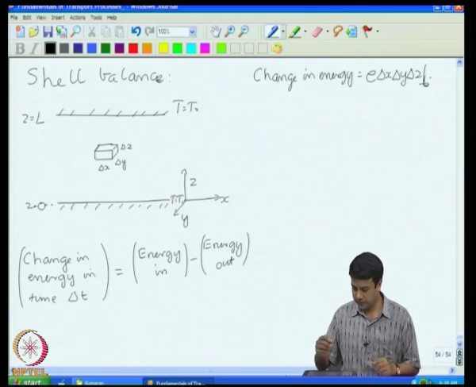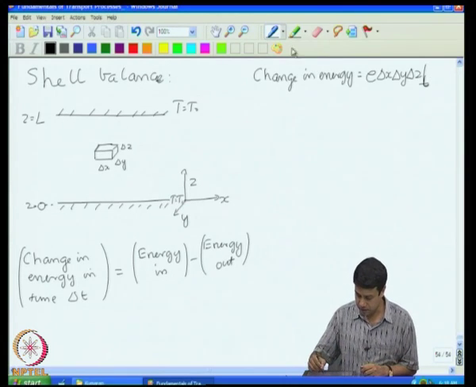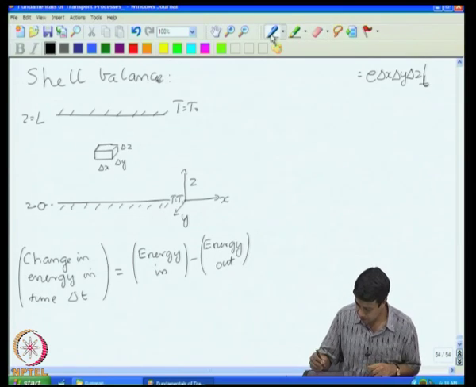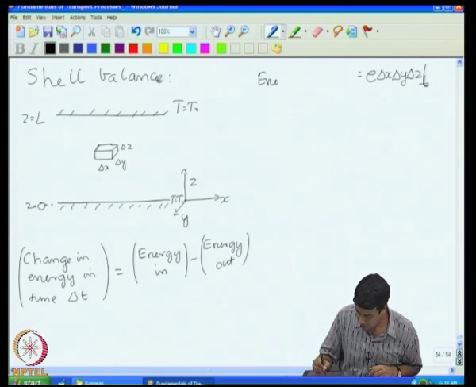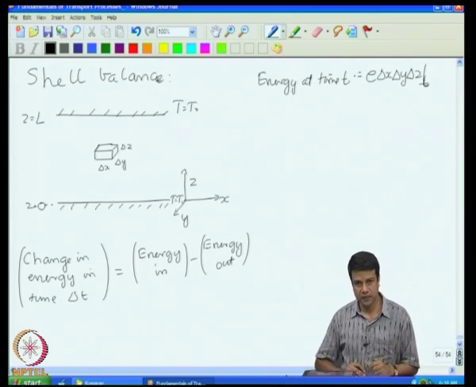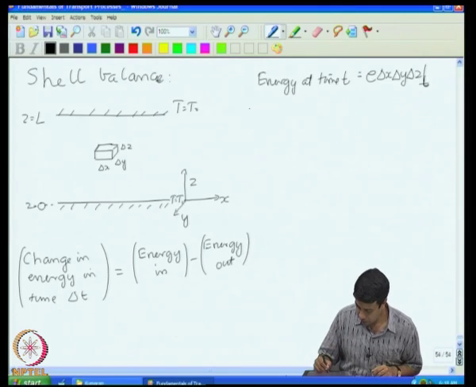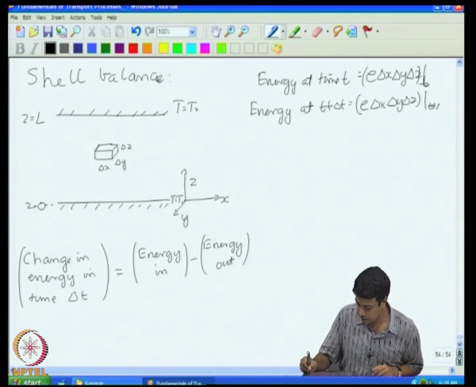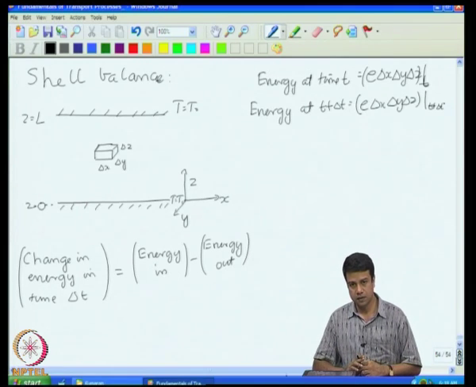I should be careful here. This is energy at time t. Energy at t plus delta t will be equal to E times delta x, delta y, delta z at t plus delta t.